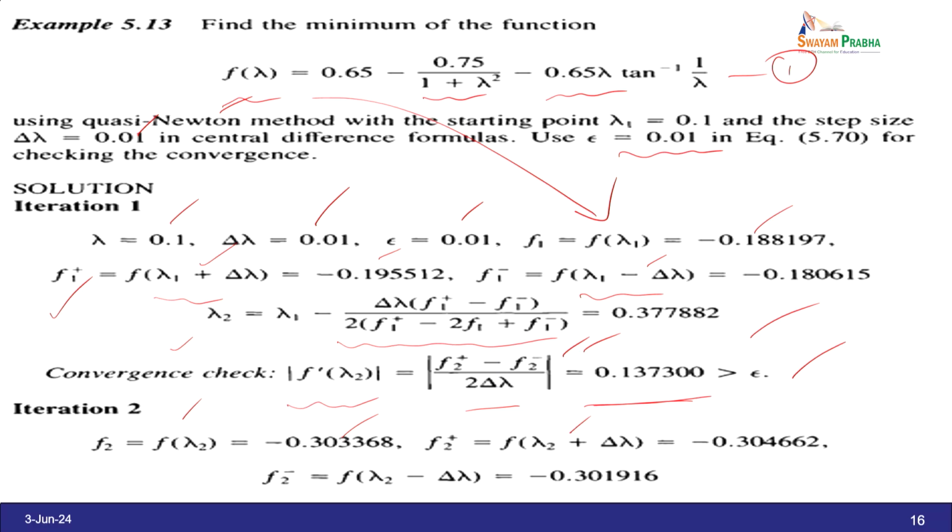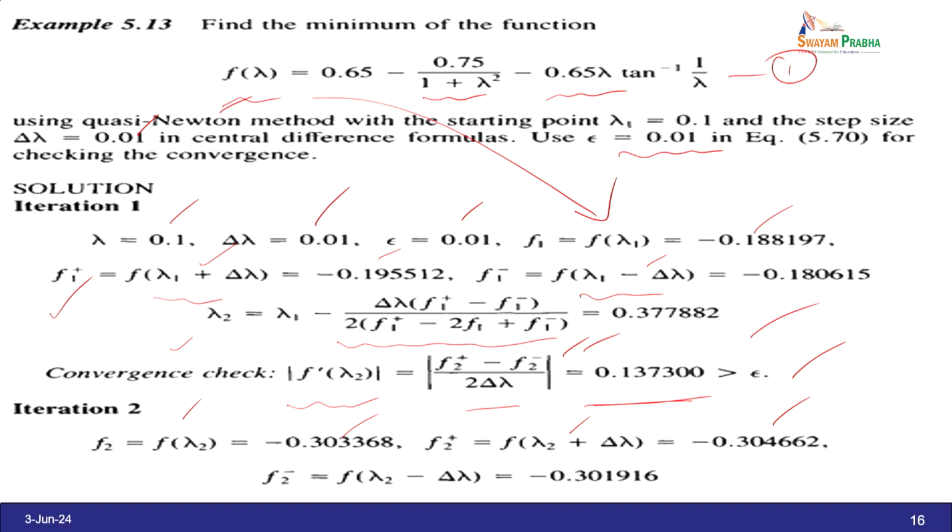So, lambda 2 we got already, and then add 0.01, you have minus 0.3033 plus 0.01, and substitute in equation 1, we have minus 0.304662 will come.